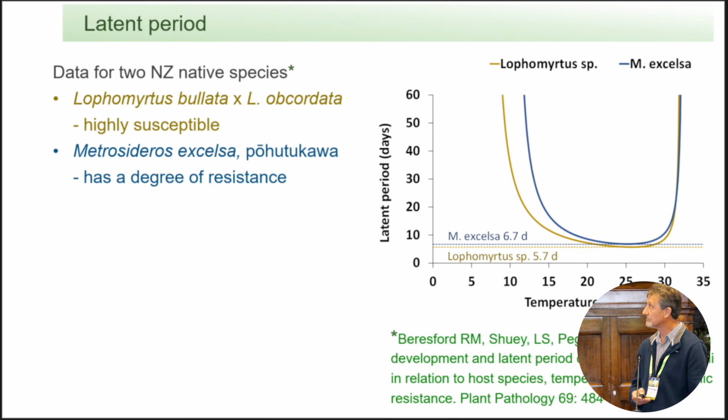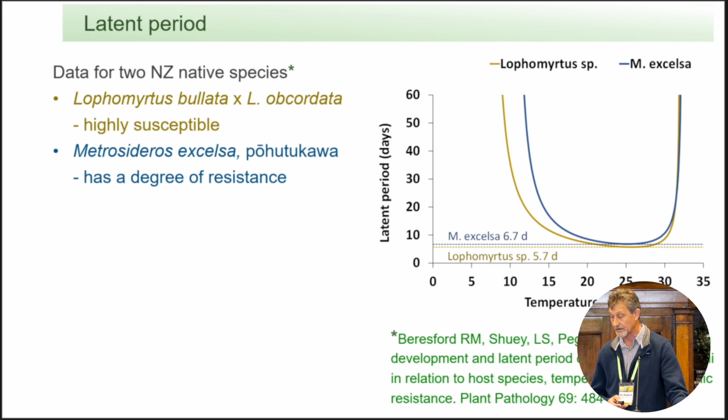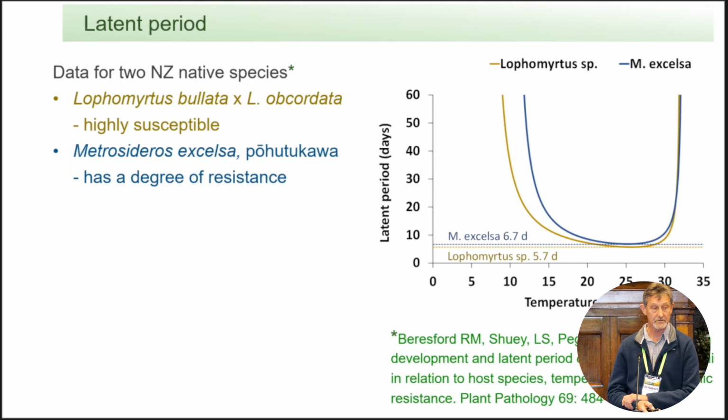Now moving on to the latent period phase, we got some really good data from our collaboration with Jeff Pegg and Louise Shuey in Brisbane. It was a combination of controlled environment data that they generated, particularly on Metrosideros excelsa, and some field data that we developed in New Zealand on Lophomyrtus species. Lophomyrtus is highly susceptible, whereas the Pohutukawa, Metrosideros excelsa, has an element of resistance.